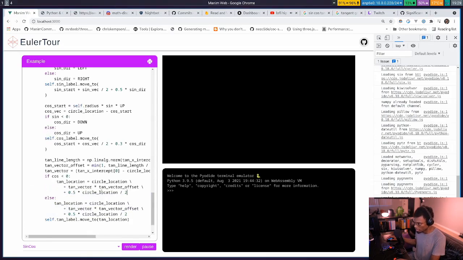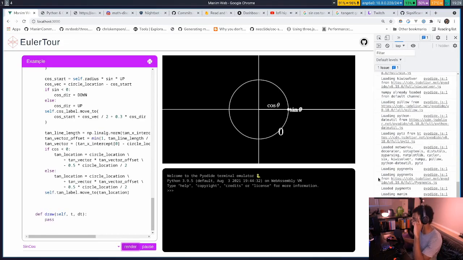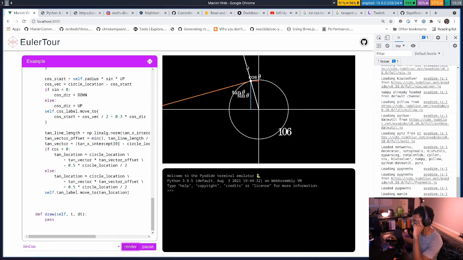Put this here, and this will be a minus sign. Okay, so that's working. That's not working. That's not working. And that's working.